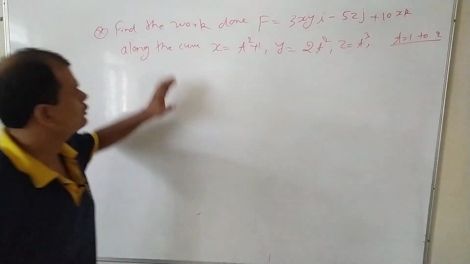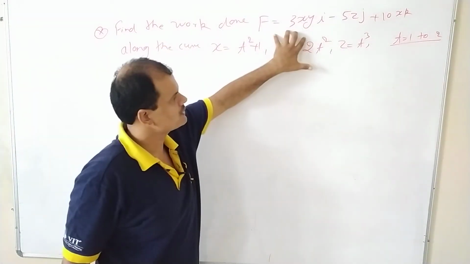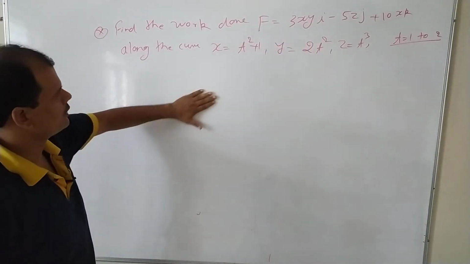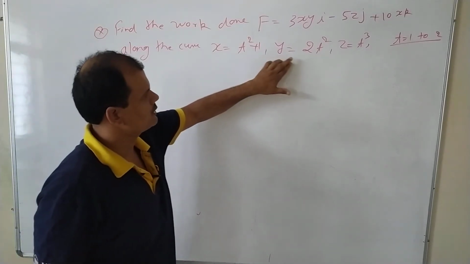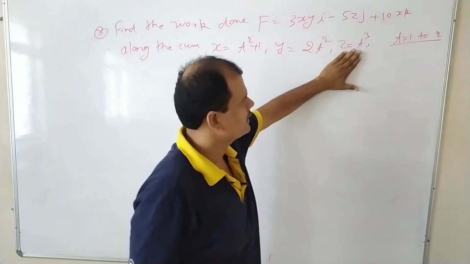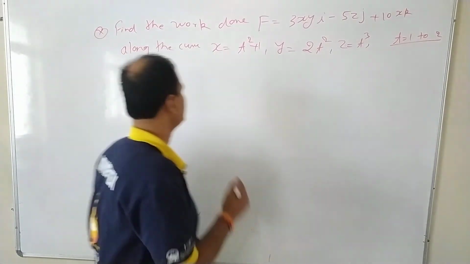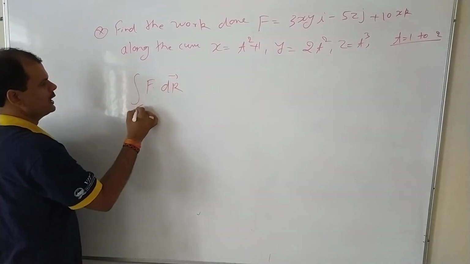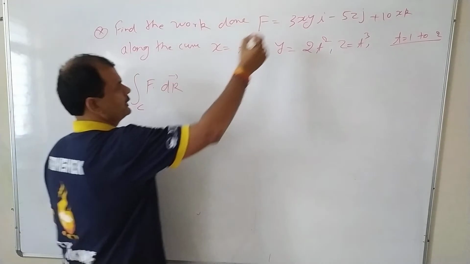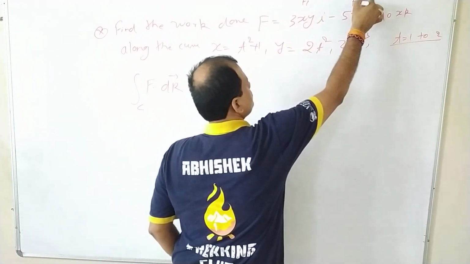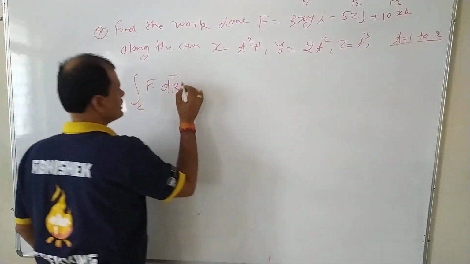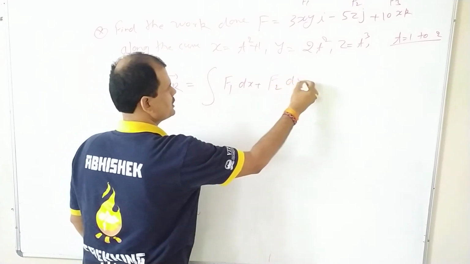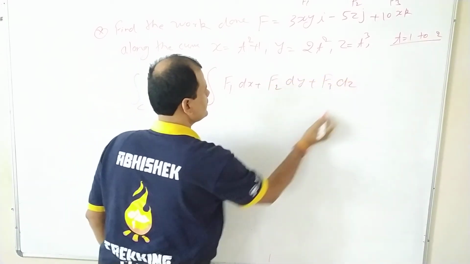What is the question? We need to find the work done by this force vector along the curve where the parametric equation is x equal to t square plus 1, y equal to 2t square, z equal to t cube and t varies from 1 to 2. Okay. So the work done will be F into dr along the curve C. Now if this is F1, F2 and F3, the work done will be F1 dx plus F2 dy plus F3 dz, fine.